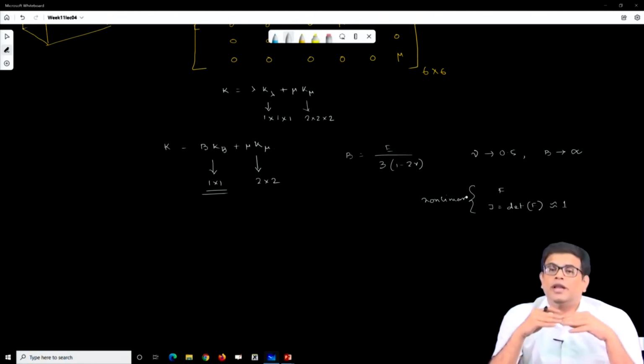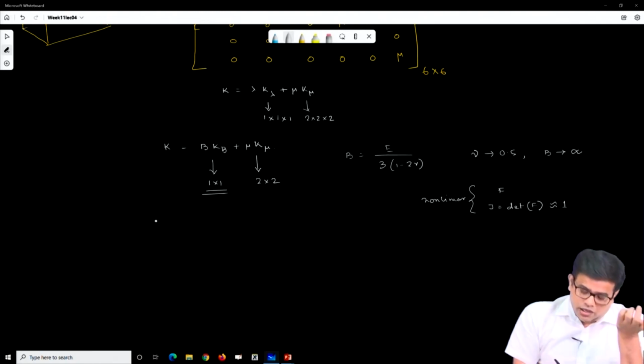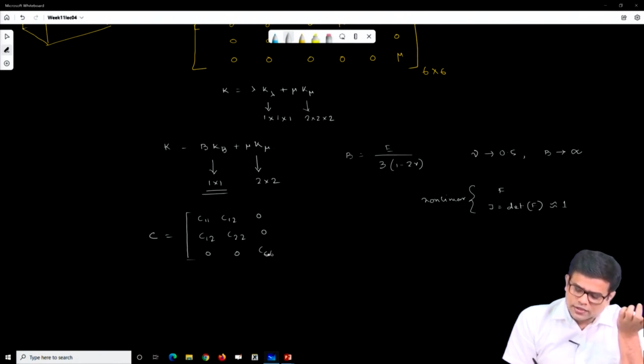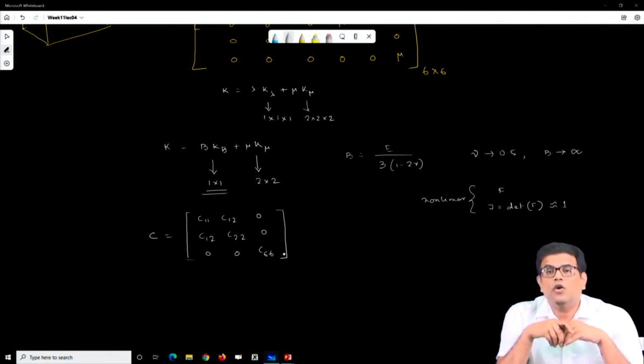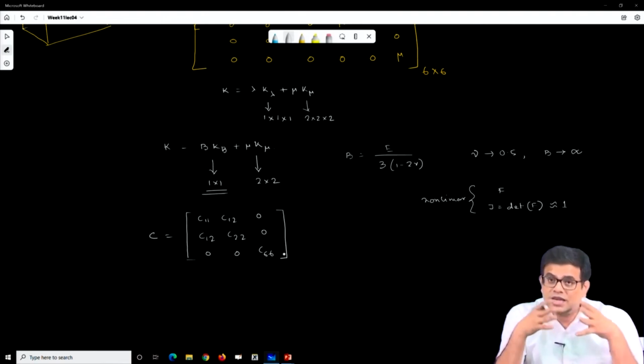But when I consider my C matrix as an orthotropic matrix, that is C11, C12, 0, C12, C22, 0, 0, 0, C66 for the 2D plane stress case, and the plane strain case, there is no such particular definition of the bulk modulus and shear modulus, because that is a direction dependent material property.